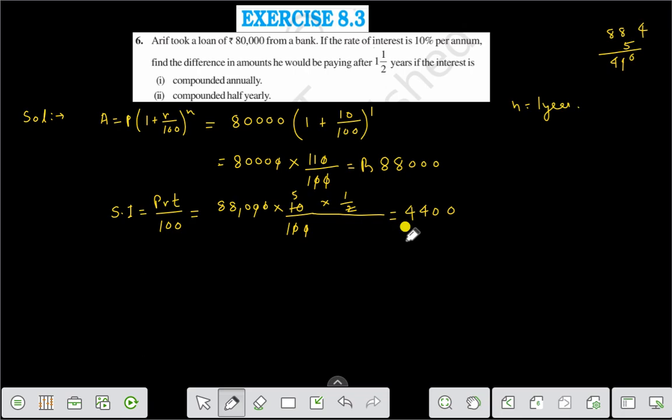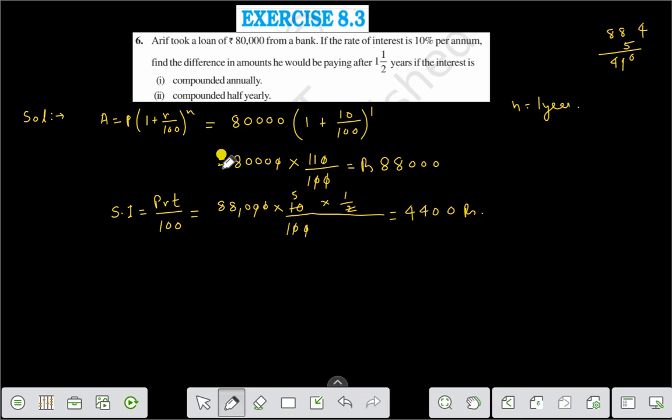That is the simple interest. For half year, simple interest is rupees 4,400.